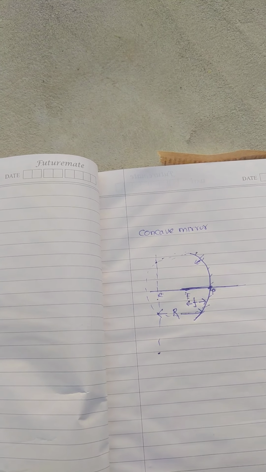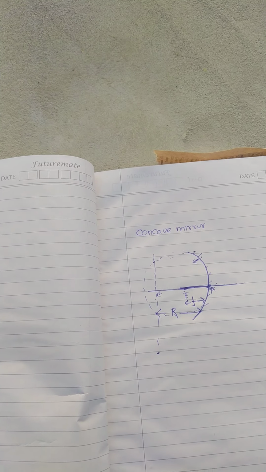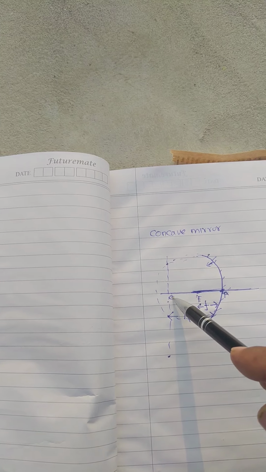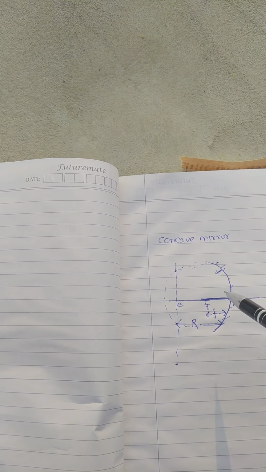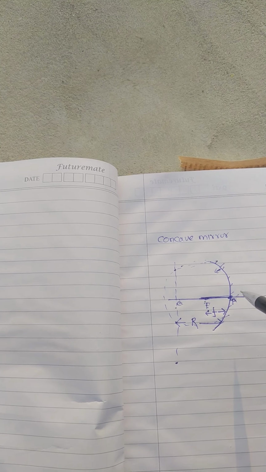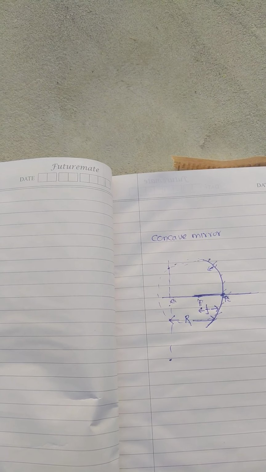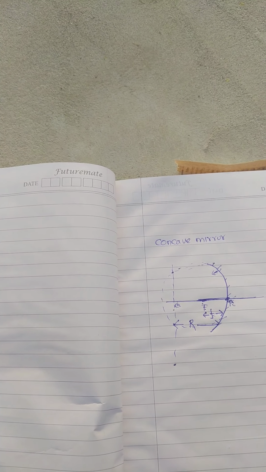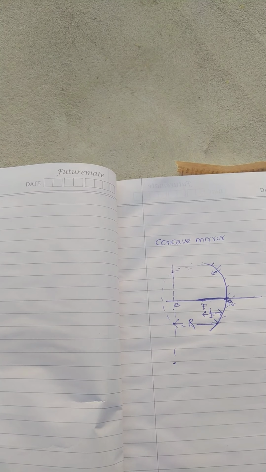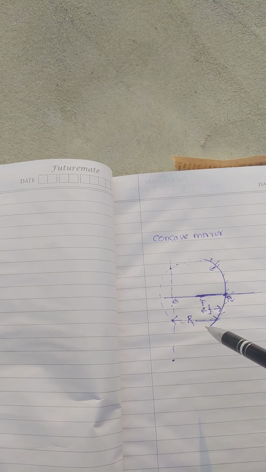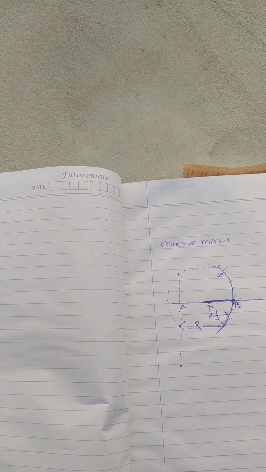To repeat, the pole is the center of the spherical mirror, and the center of curvature is the center of the sphere from which the mirror is cut. The focus is the midpoint between pole and center of curvature. Focal length is the distance between pole and focus. Radius of curvature is the distance between pole and center of curvature.